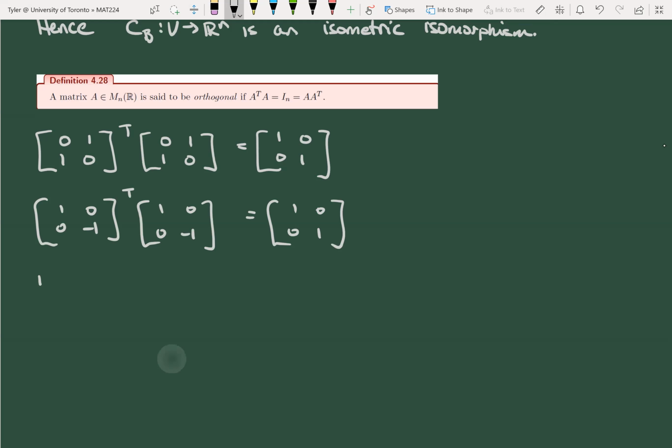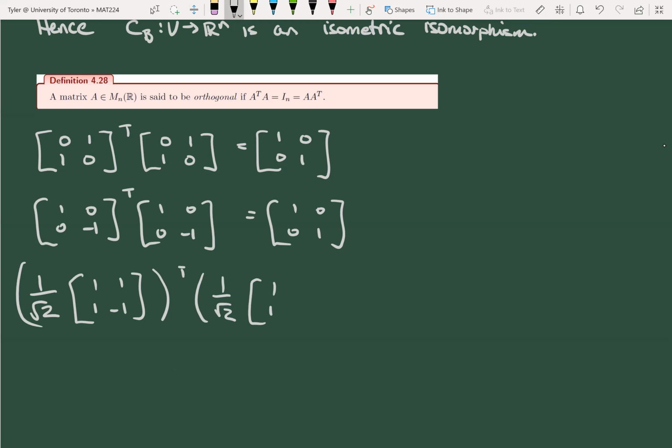Okay, how about this one? Okay, so here are 3 examples, and there are many more. There are, in fact, infinitely many. Here are 3 examples of orthogonal 2 by 2 matrices. Now, this might not be enough for you to all recognize the pattern, but what can you tell me about the columns of an orthogonal matrix?